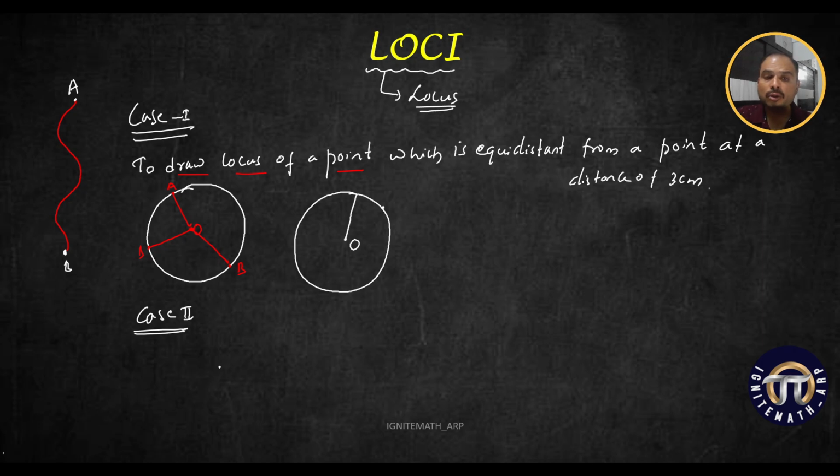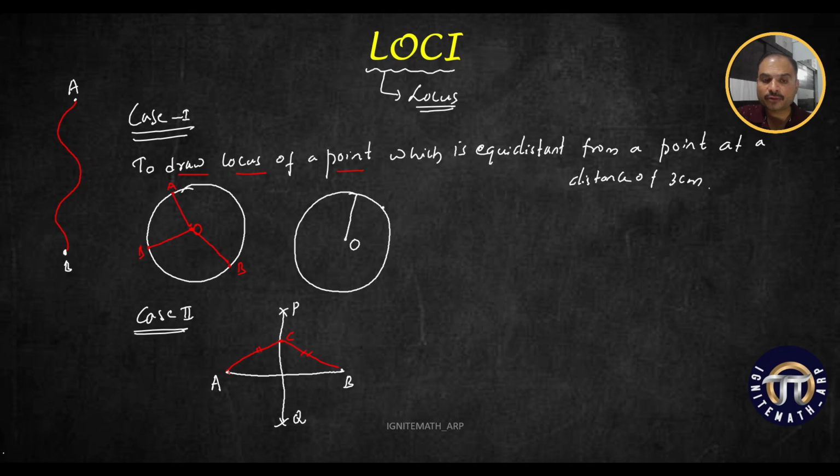Then case 2, very simple, children. If I want to draw the locus of a point equidistant from two fixed points, here there are 2 points A and B. Connect these 2 points and draw the perpendicular bisector of the line connecting A and B. Any point on PQ is the locus of a point equidistant from A and B. Because if I consider a point C and connect A to C and B to C, it will be an isosceles triangle, correct?